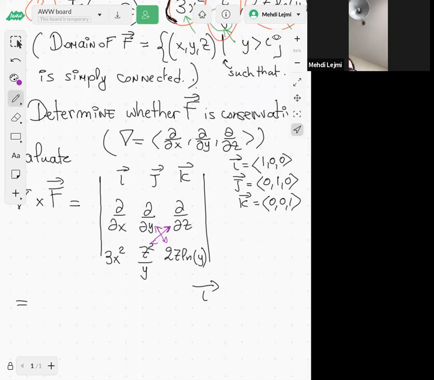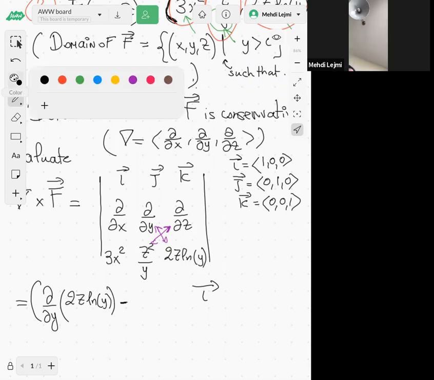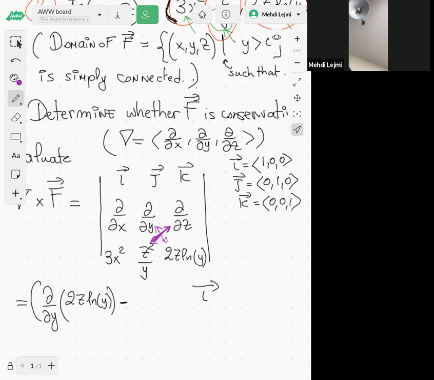So that would be the derivative with respect to y of the function 2z natural log of y, minus the derivative with respect to z of z squared over y. So that's the coefficient of the vector i.